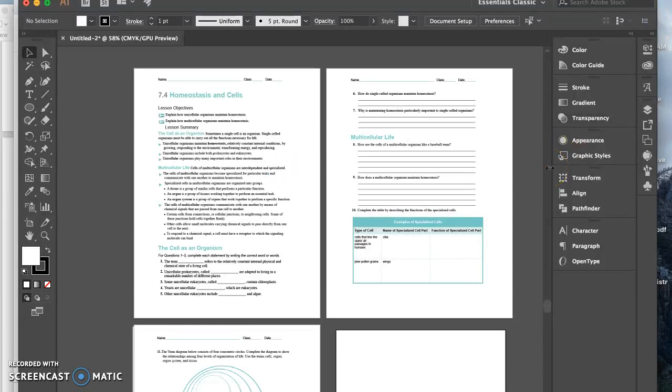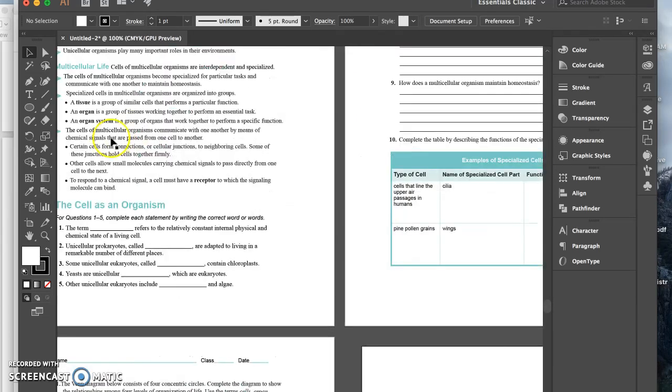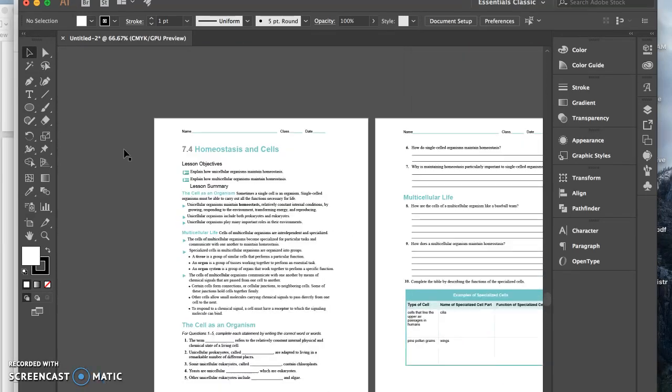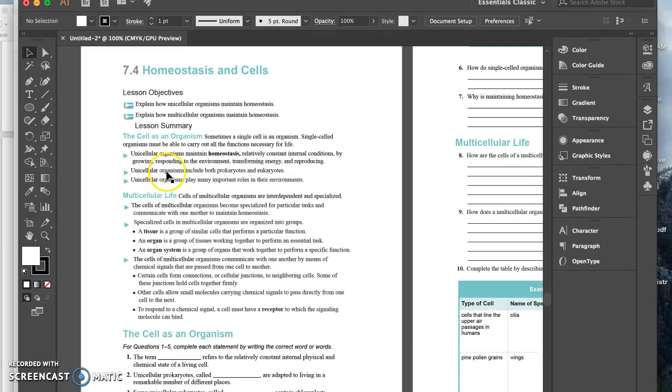Okay, so a little humor there on homeostasis. So we're going to look at the homework together here. I'm going to zoom in on this area. And you should know from Sheldon what homeostasis is about. Sorry about that. It's the ability of an organism or cell to try to maintain a constant internal environment: temperature, pH, levels of salt, levels of nutrients, water, all those kinds of things.